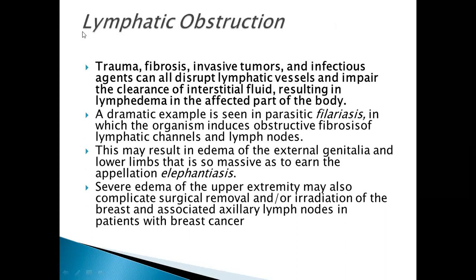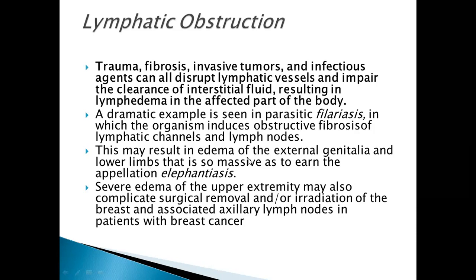Lymphatic obstruction: trauma, fibrosis, invasive tumor, and infectious agents can all disrupt lymphatic vessels and impair the clearance of interstitial fluid, resulting in lymphedema in the affected part of the body. A dramatic example is seen in parasitic filariasis, in which the organism induces obstructive fibrosis of lymphatic channels and lymph nodes.